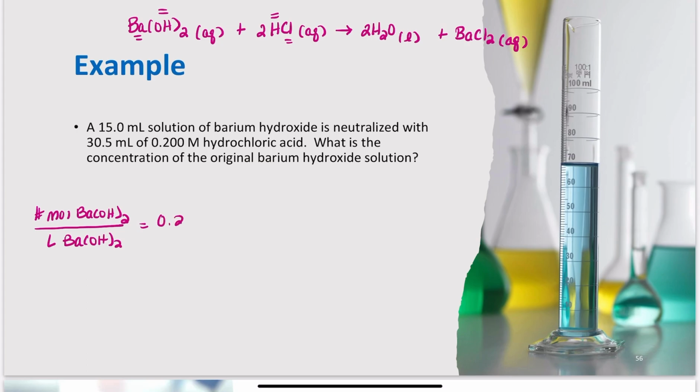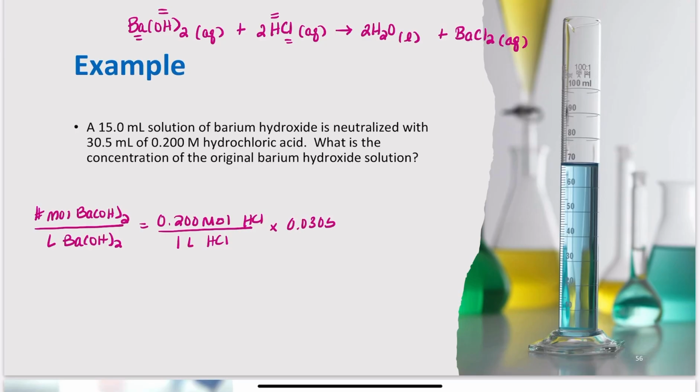My HCl was a 0.2 molar solution, which means 0.200 moles of HCl for every 1 liter of HCl solution. It told me I used 30.5 mL of the HCl.